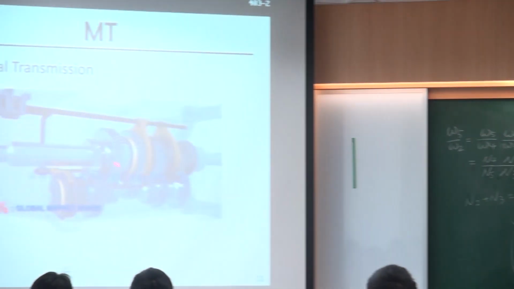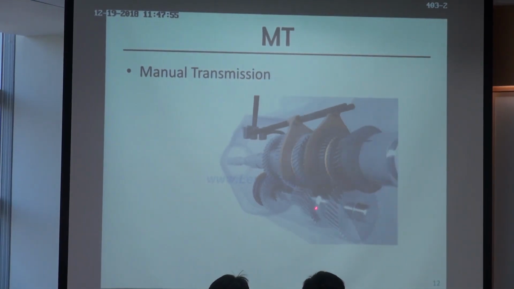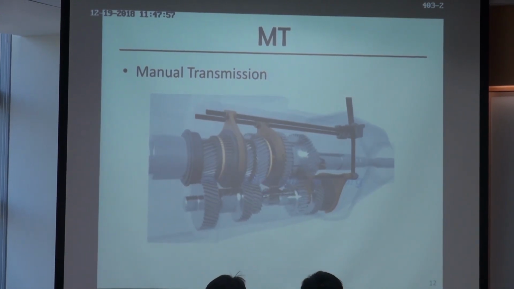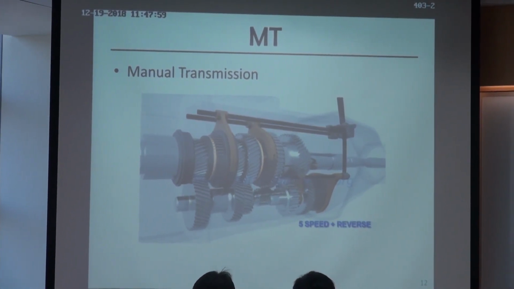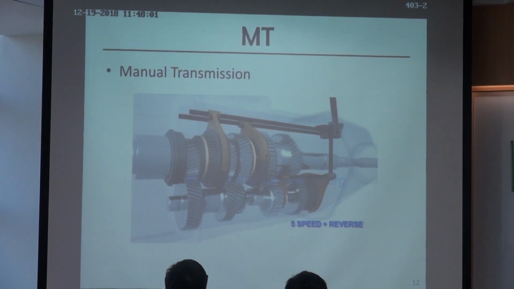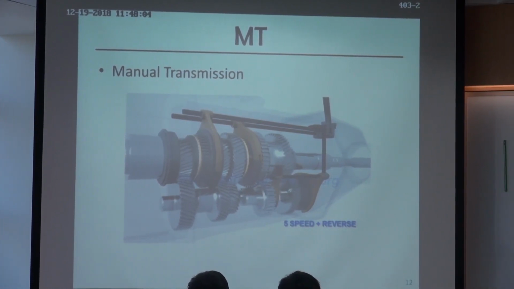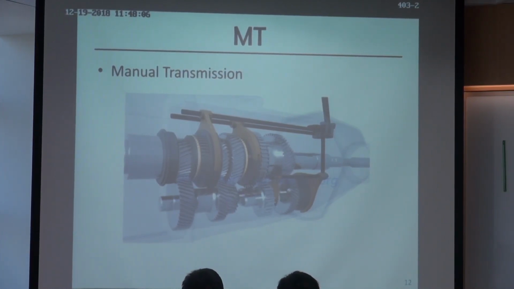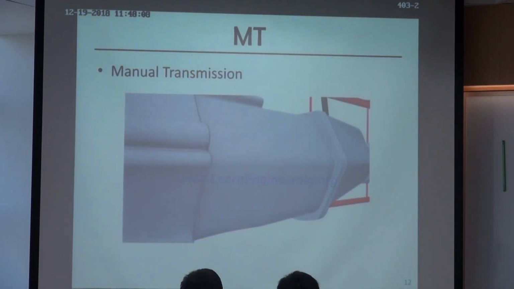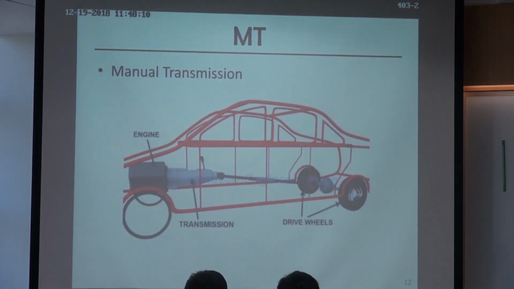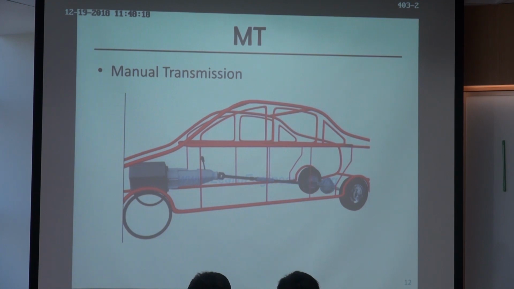In vehicle transmission, it looks like this, and there are several, because in the manual transmission, you have different shifts, right? You may want to make the vehicle run at higher speed, or sometimes you need lower speed but higher torque.